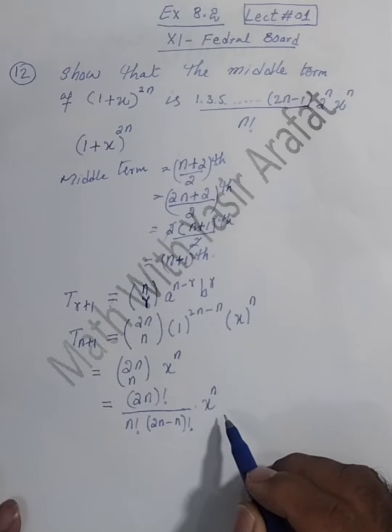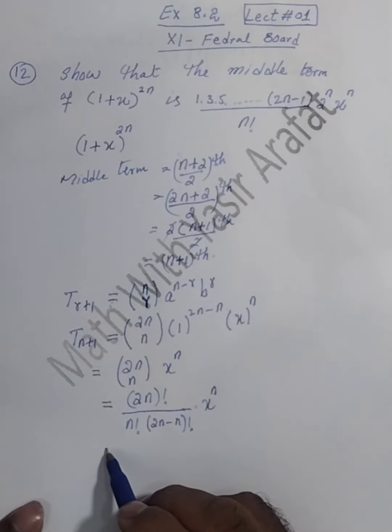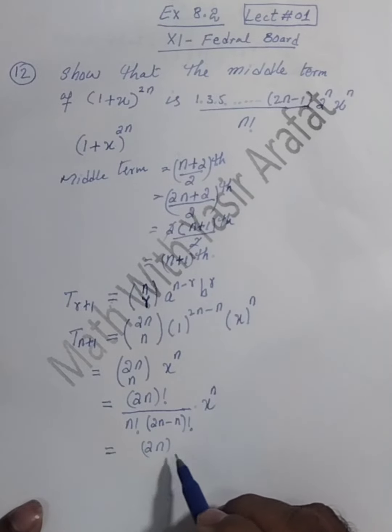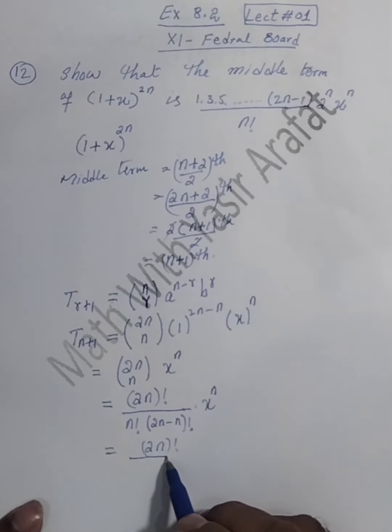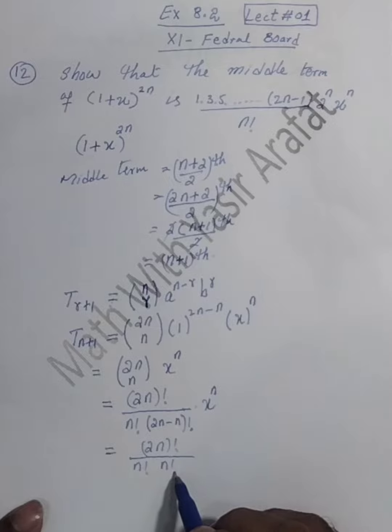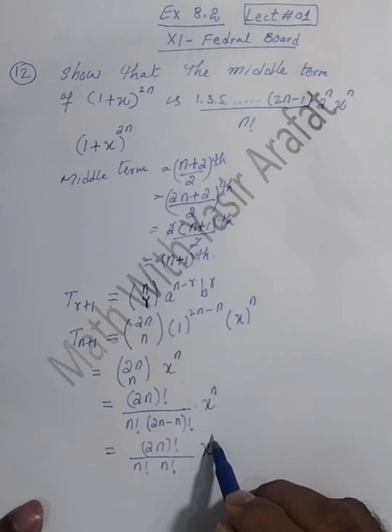So this will be equal to 2n factorial divided by n factorial, 2n minus n, that is n, into n factorial, x power n.